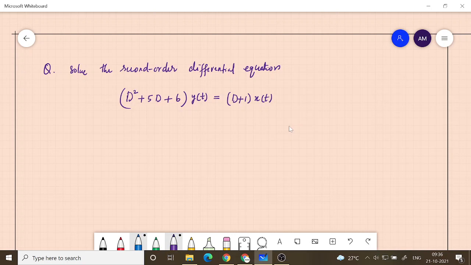And certain data are given. x of t is equal to e raised to minus 4t u of t, and initial conditions are given.